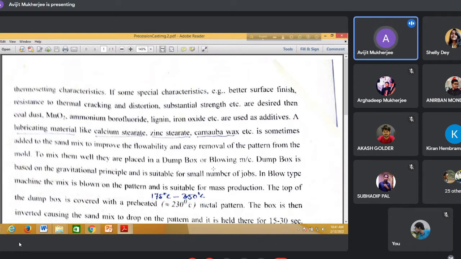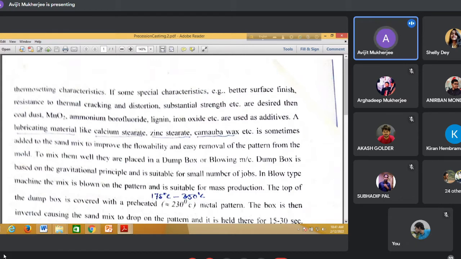A blowing machine is suitable for a larger number of jobs. If I am producing only 1-2 components, gravitational force is okay, because more time is needed. But in case of mass production, blowing machines are to be used. Quickly, the mass will be deposited. Okay.